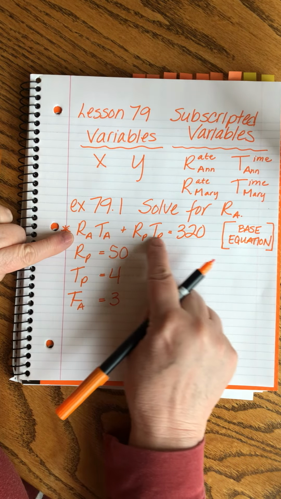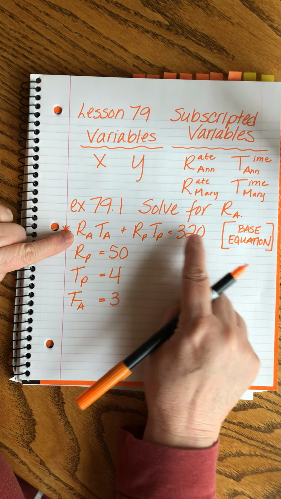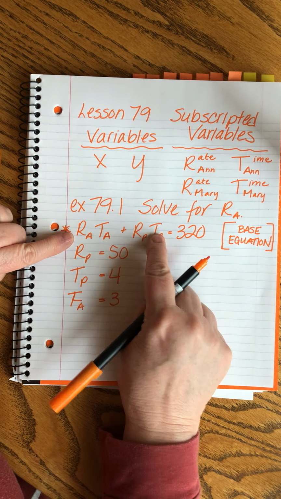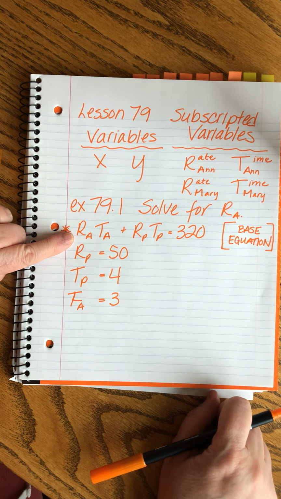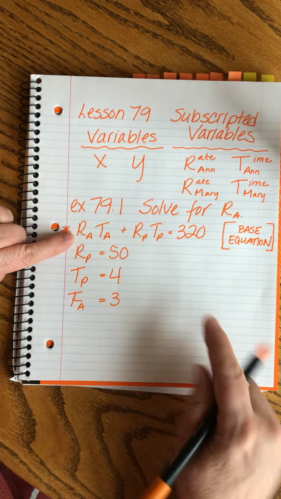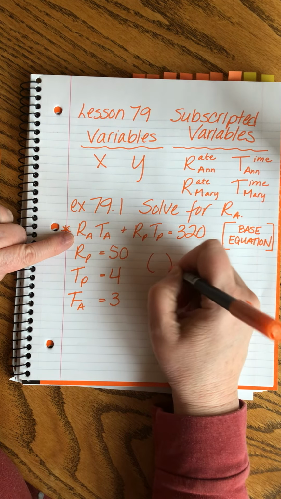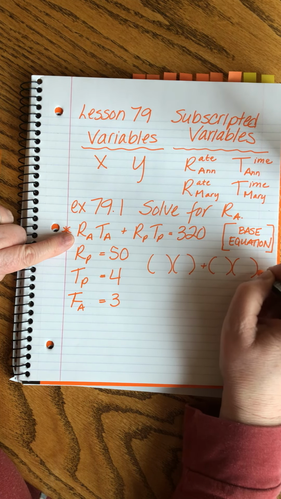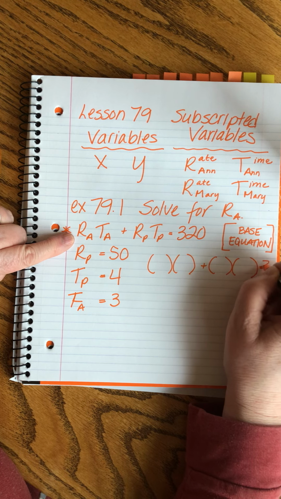What we do is we take the base equation and we put a set of buckets or parentheses for each one of these variables. So I'm going to do that work here. RA times TA plus RP times TP equals 320. I'm running out of space.